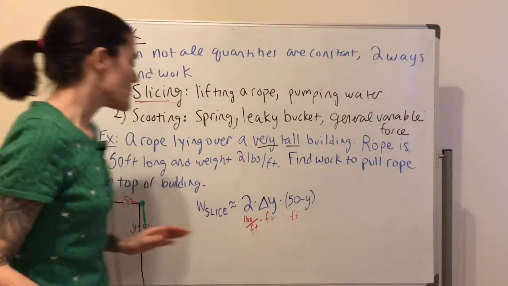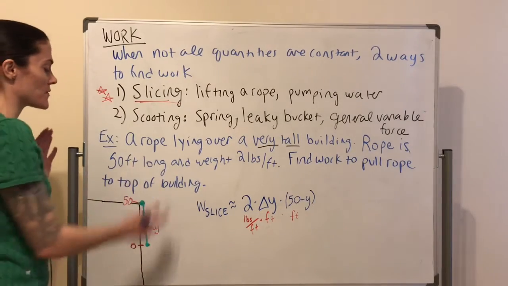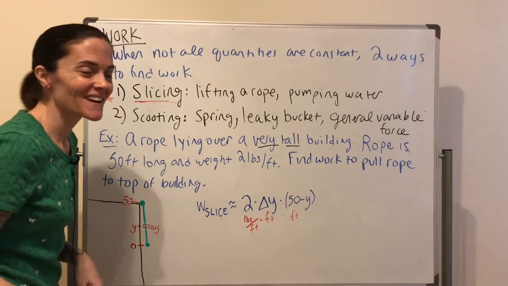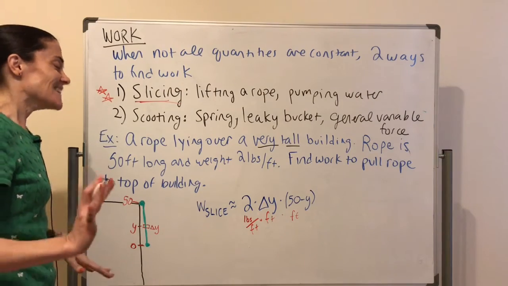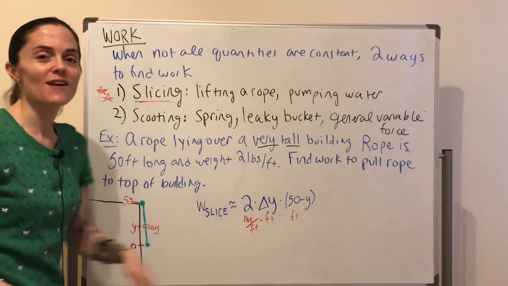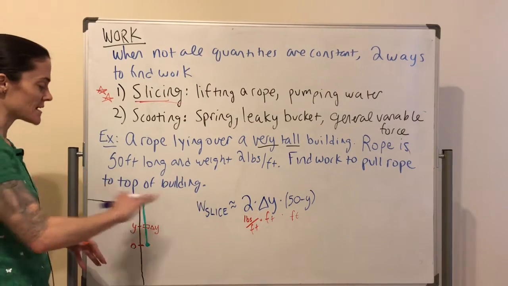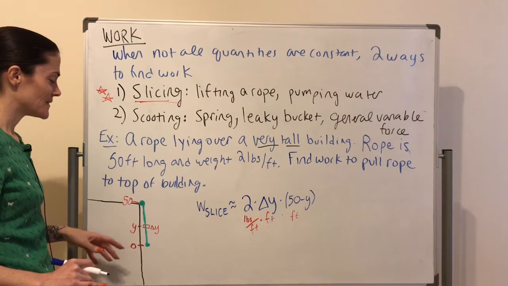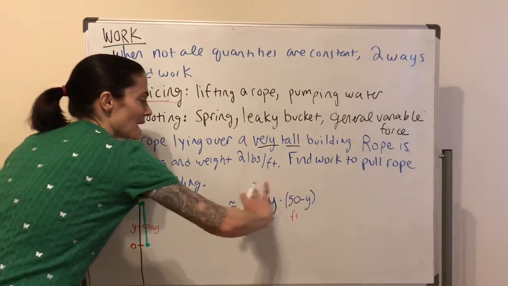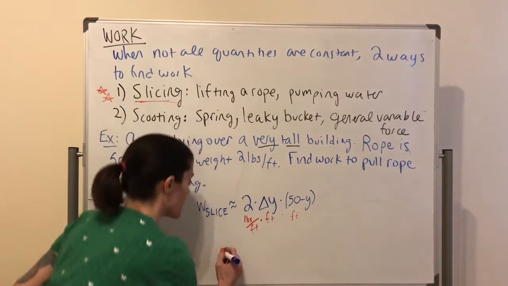Okay, well, we could add them up over all the slices, and this would approximate the total work. Then, as you know, we can take a limit as delta y goes to 0, or equivalently as n, the number of slices, goes to infinity. But once we have this, we can set up the integral.